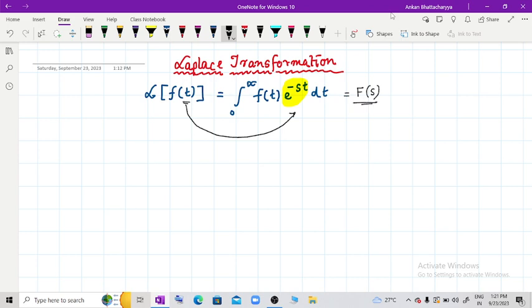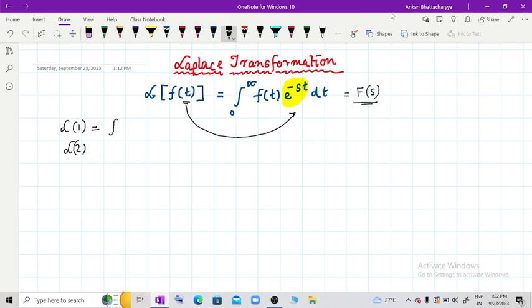So let's start the discussion in great detail. Applying this definition, we can find the Laplace transformation of many functions. Suppose you are asked to find the Laplace transformation of the constant 1. Any constant, it may be 2, it may be some integer, can be obtained with the help of the first formula.